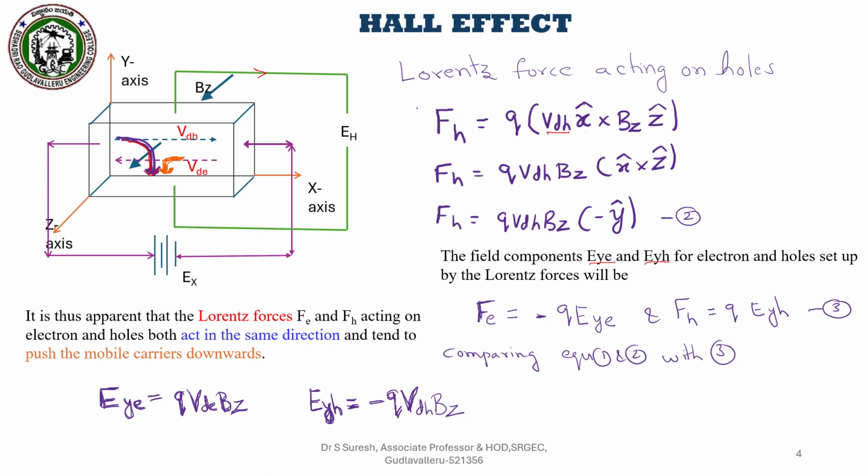So the Lorentz force acting on electrons is equal to minus q into EYE, and Fh is equal to q into EYH. Comparing equations 1 and 2, equation 1 says that F is equal to q VDE Bz. So comparing, EYE is equivalent to q VDE Bz, and EYH is equal to minus q VDH Bz. These are respectively the electric field components acting along the y direction.